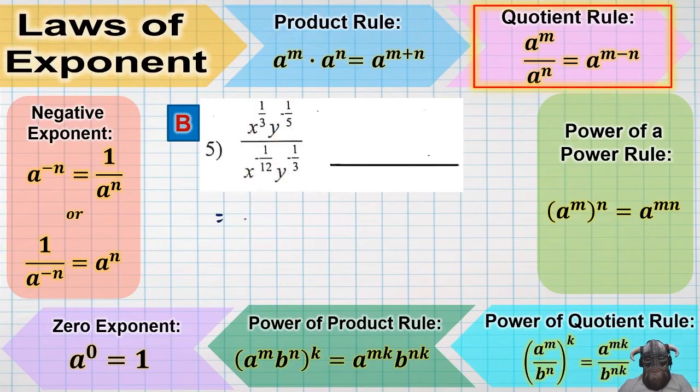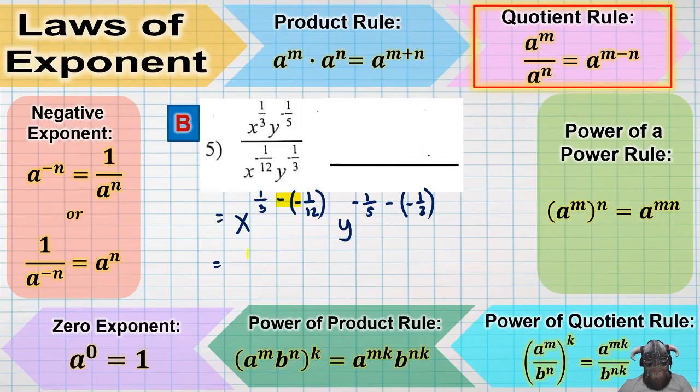So, subtract natin yung exponent ni x. Copy lang muna natin yung base. 1/3 minus negative 1 over 12. Yan. And then for y naman, we have y raised to negative 1 over 5 minus negative 1/3. So, in this case, medyo ayusin natin yung exponent natin, o operation nila.